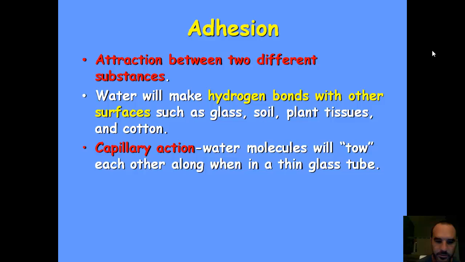That's also what allows water to get from the roots of a tree all the way up to the leaves. The tree doesn't have a heart pumping water through its system. It has this natural capillary action where water molecules will grab to one side and then to the other side, and keep grabbing on until they climb a very thin tube.